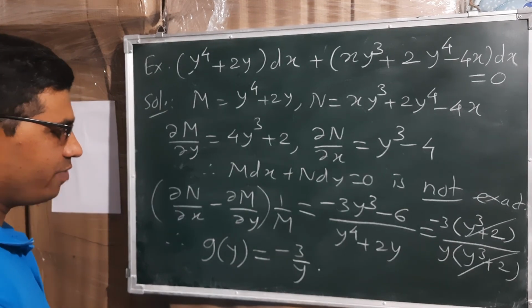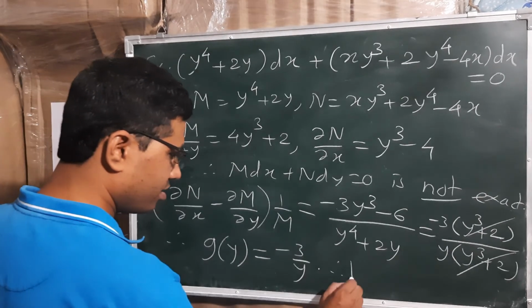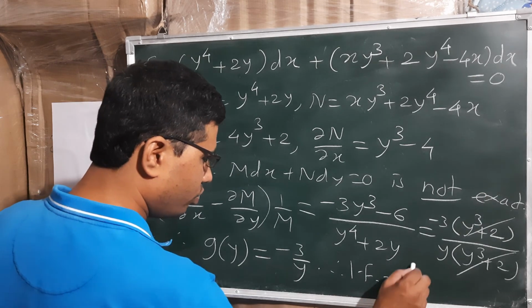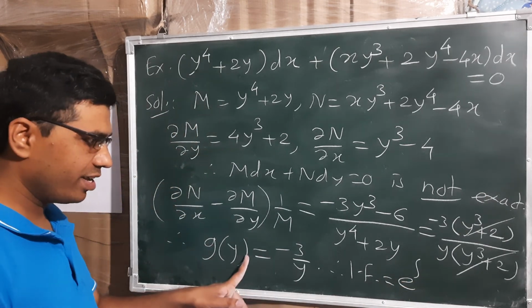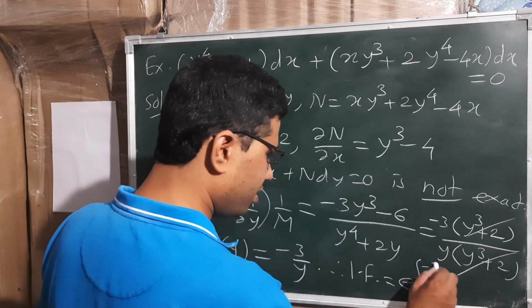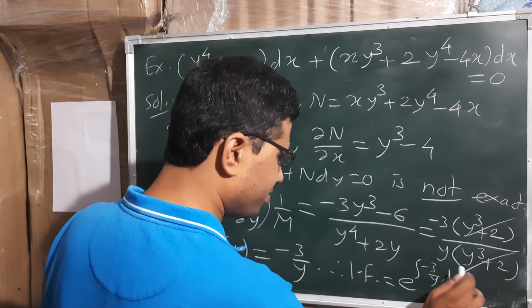And now the integrating factor is e raised to integral g of y dy, so it is minus 3 upon y dy.